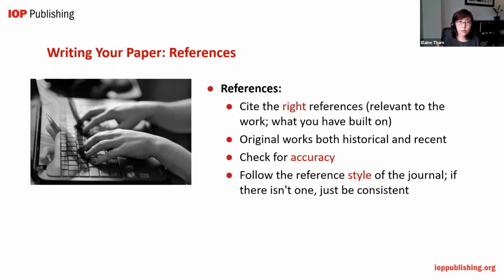You can try to follow the reference style of the journal, but if there isn't one, just be consistent. For IOP journals, it doesn't matter what format you submit your reference in, we will ensure that your references follow the proper styling during the production process.